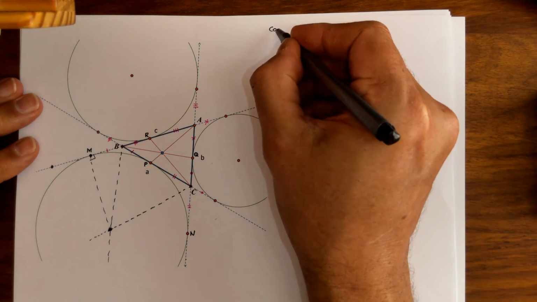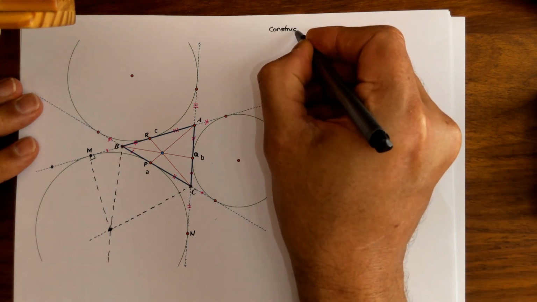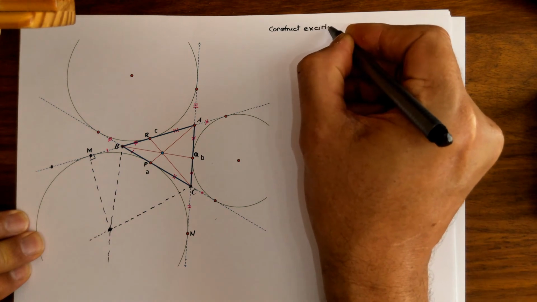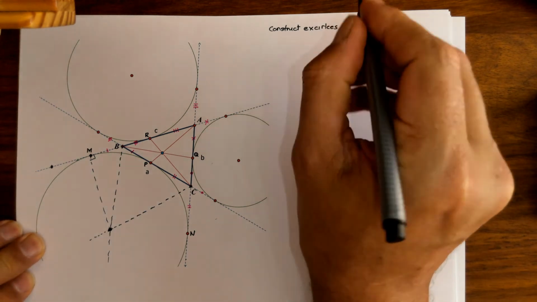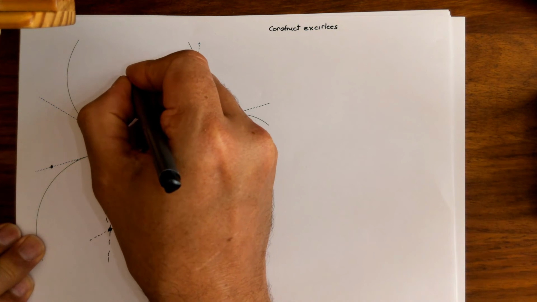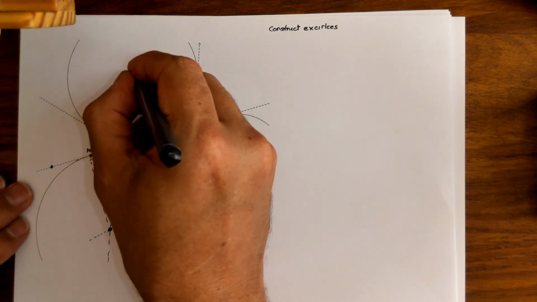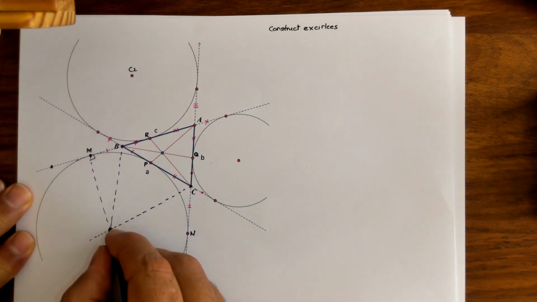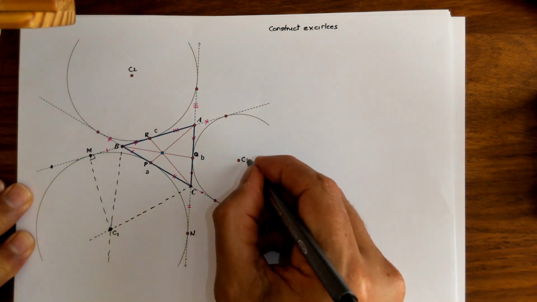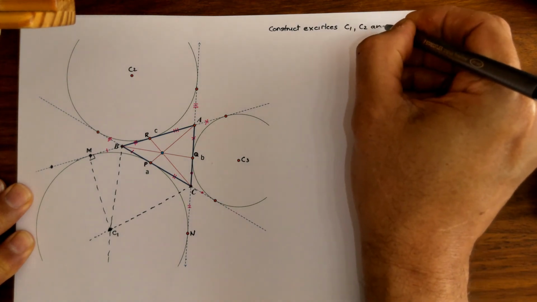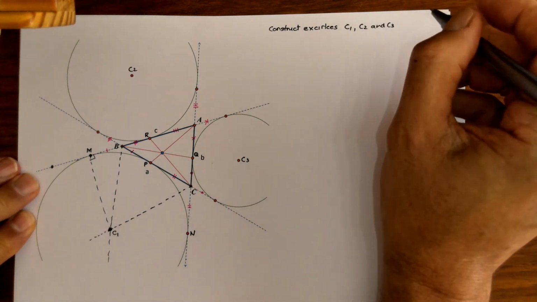We will construct E circles, or you can also call them X circles, and let's name them circle 2, circle 1, and circle 3. So E circles C1, C2, and C3.